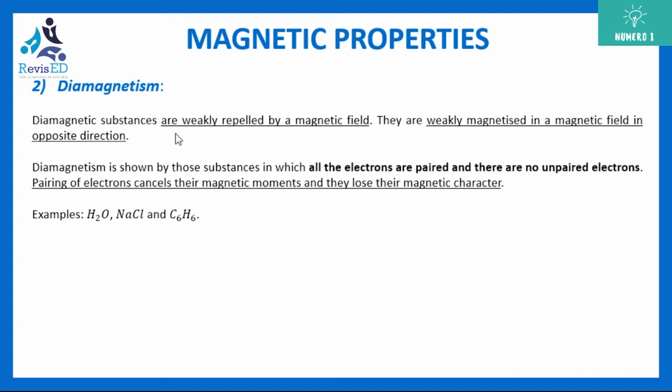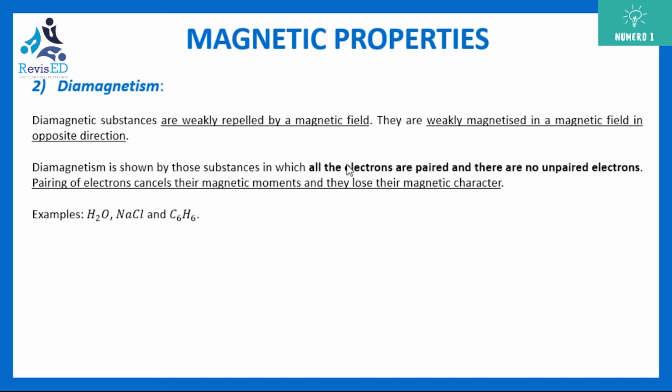In the same way we have diamagnetic substances. Diamagnetic substances are those which are weakly repelled by magnetic field. Here they get magnetized but in the opposite direction, and this happens because all the electrons are paired, or in other words, there are no unpaired electrons. Very, very important.